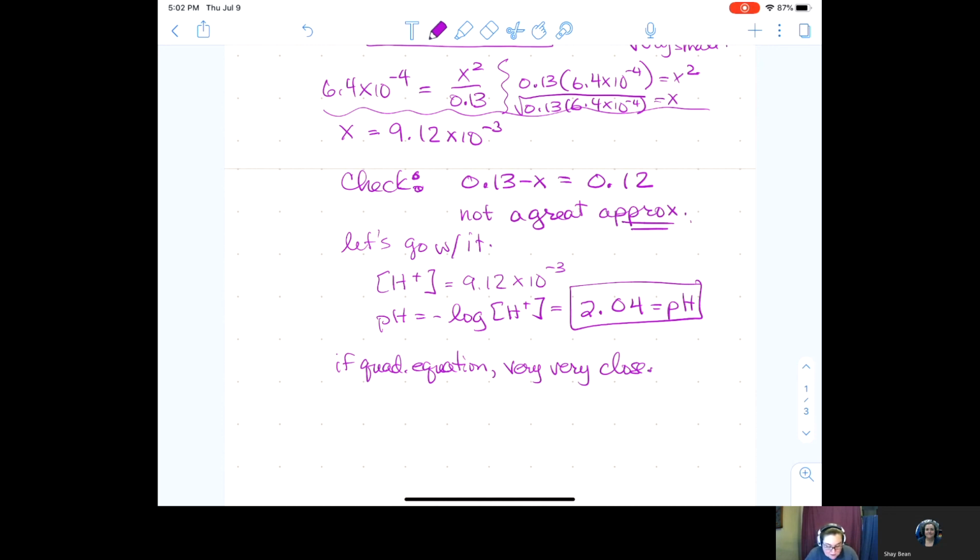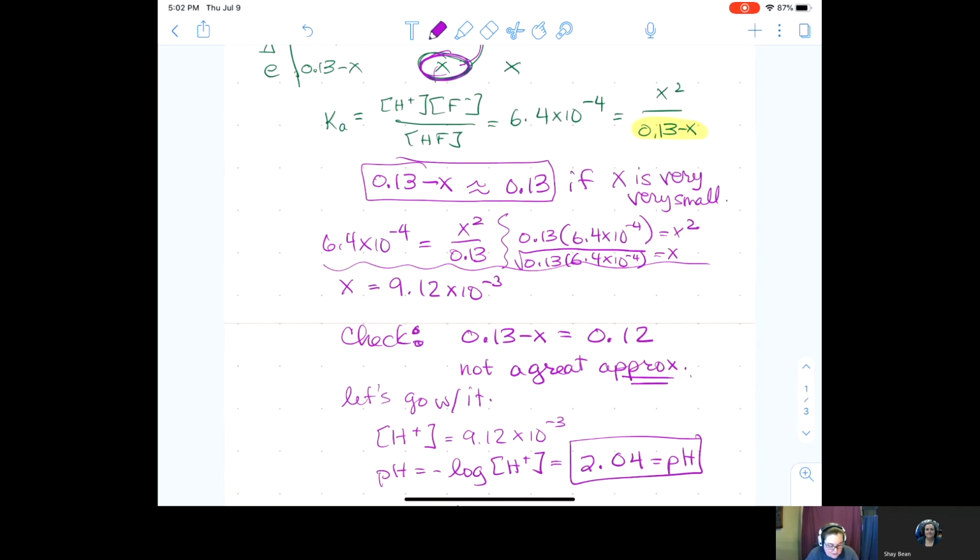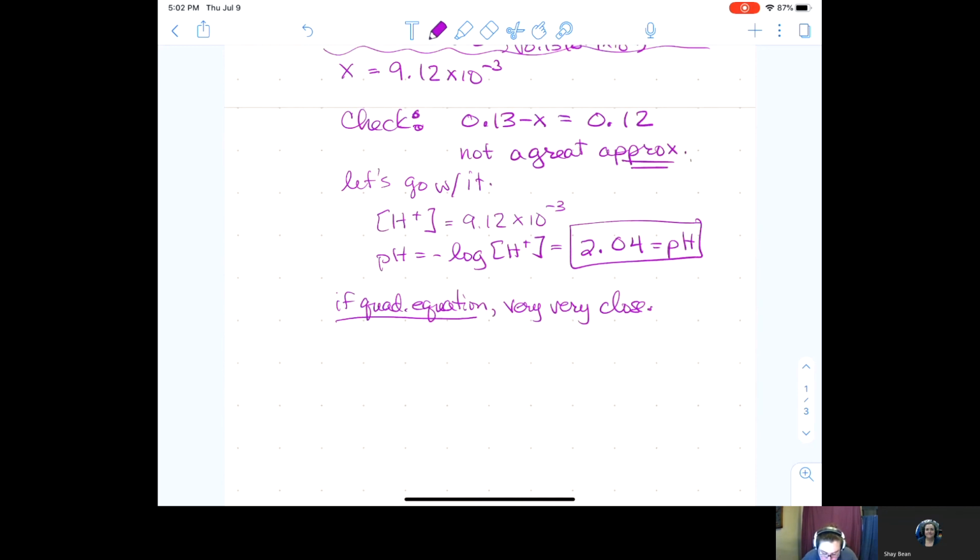If you'll bear with me just a minute, I'm going to use the quadratic equation exactly on my calculator real quick. All right, if I use the quadratic equation on my calculator, I get x is equal to 8.806 times 10 to the minus 3.